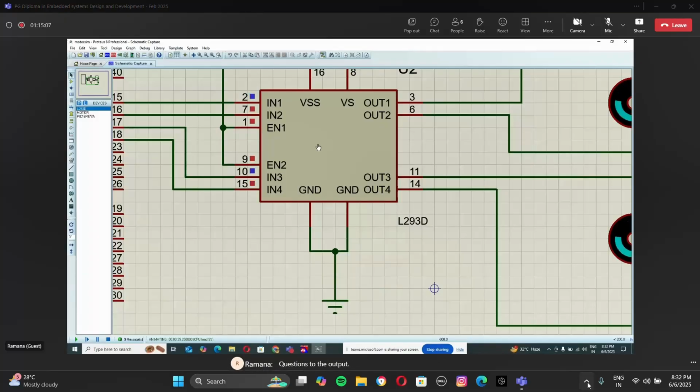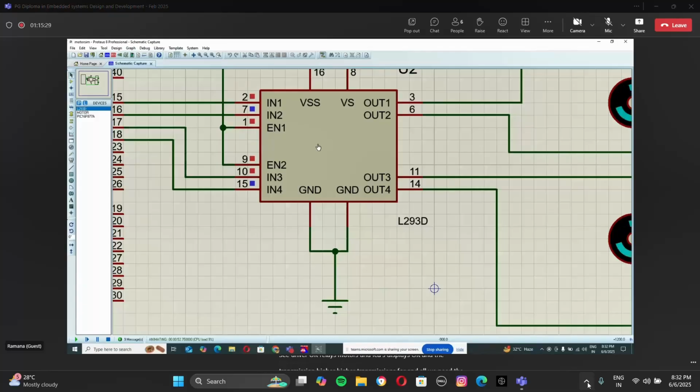Maybe some small outputs we can give directly, but some need a driver: relays, motors, LCD displays, and higher-bit transmissions. For all these we need a driver IC.